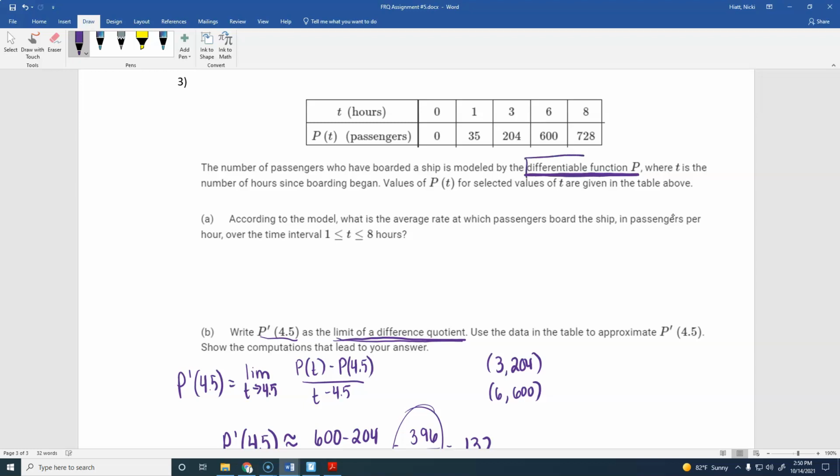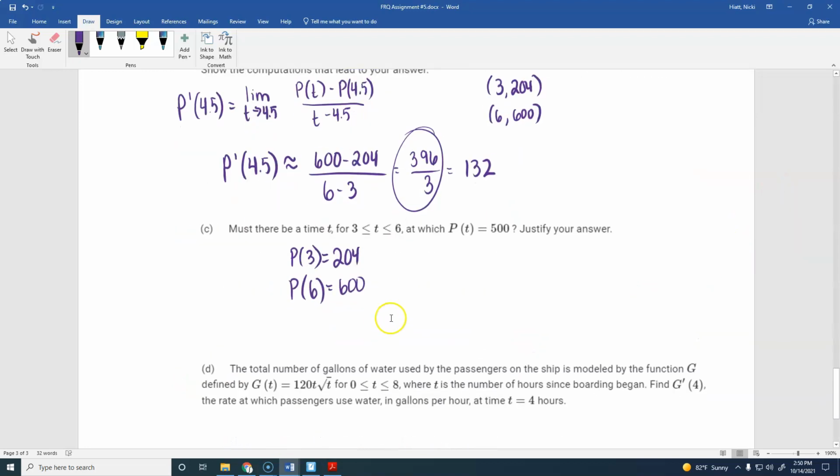What do we know about anything that's differentiable? It has to be continuous. So you would say, since P of T is differentiable, it must be continuous. And then you would do the rest of the stuff for intermediate value theorem. But that's how you tell that it's continuous.